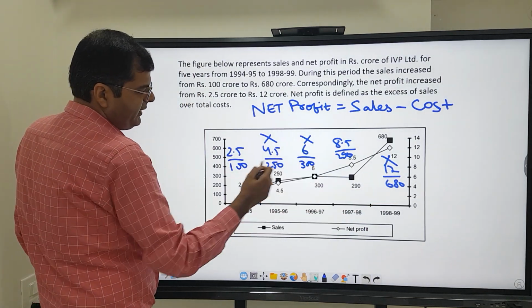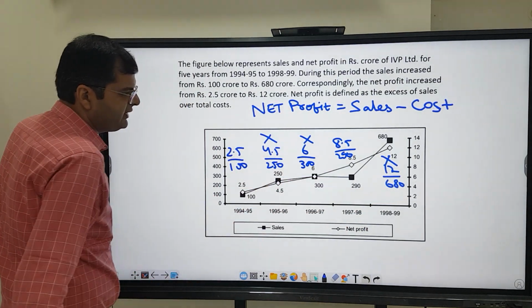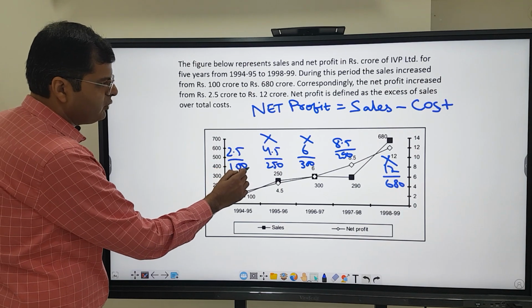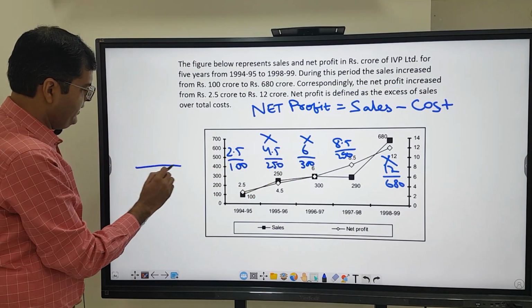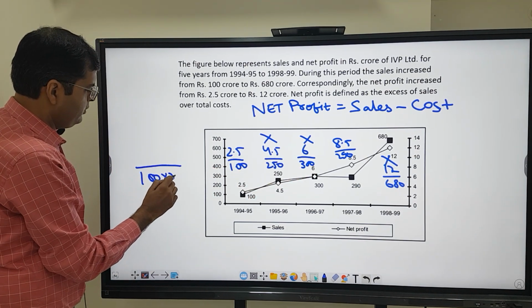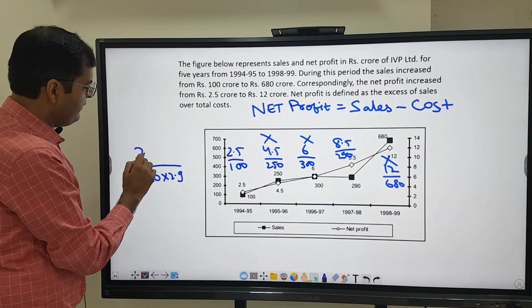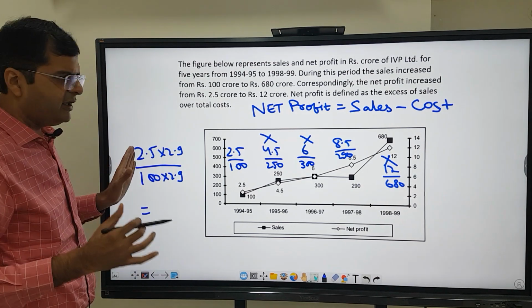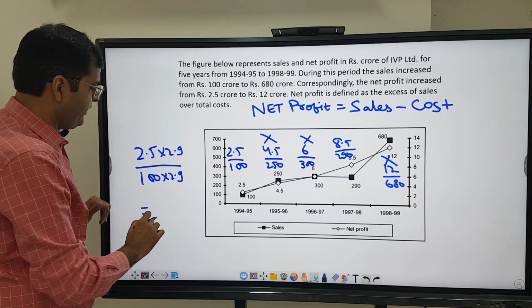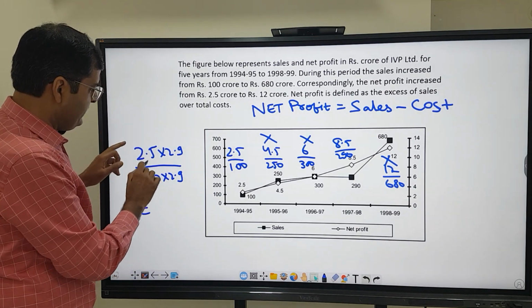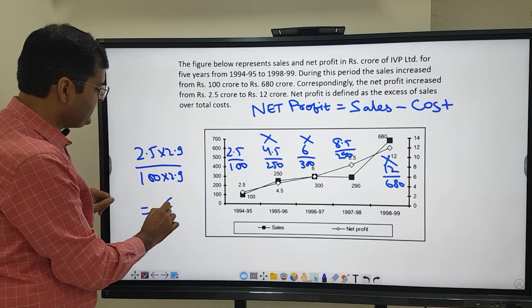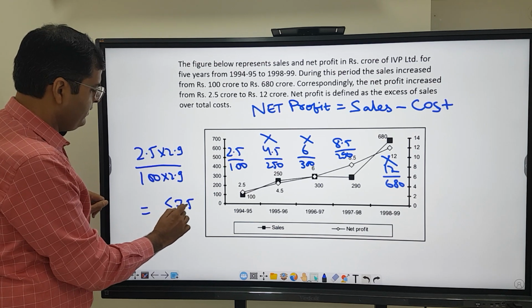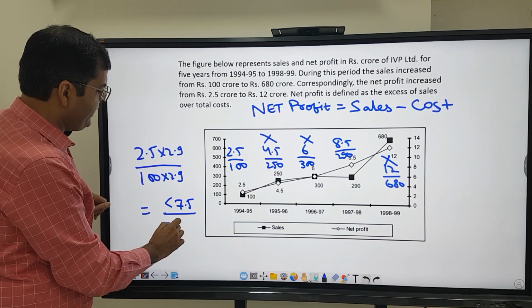Finally, we are just comparing 94-95 and 97-98. So if you do 100 into 2.9, and then you will have to do 2.5 into 2.9. So if you do 2.5 into 3, we know that is 7.5. So that means 2.5 into 2.9 will be less than 7.5, divided by 290.